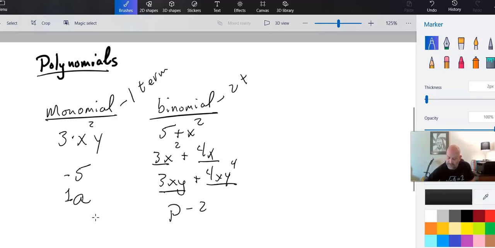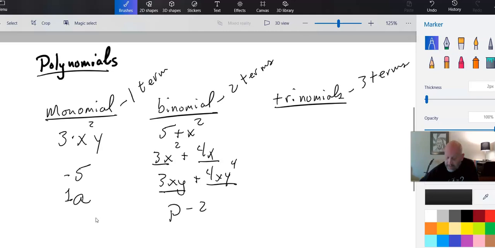Binomials are 2 terms. And I know you guys are going to be shocked by this one. Trinomials are 3 terms. And actually, we're going to be dealing with these 3 the most. And so these are the 3 names that pop up the most commonly: monomial, binomial, and trinomial.